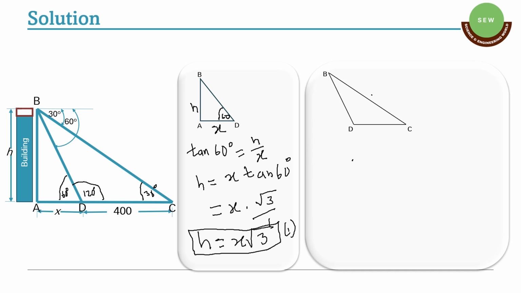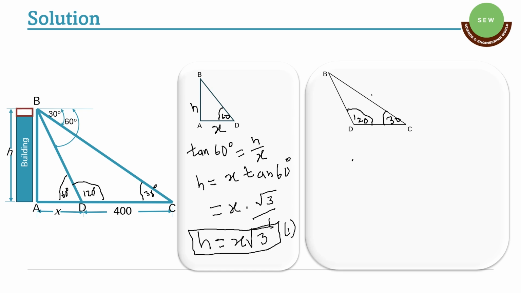In the obtuse triangle BCD, C is 30 degrees, like we have seen before, and D, which is the obtuse angle there, is 120. The sum of the angles of a triangle is 180.